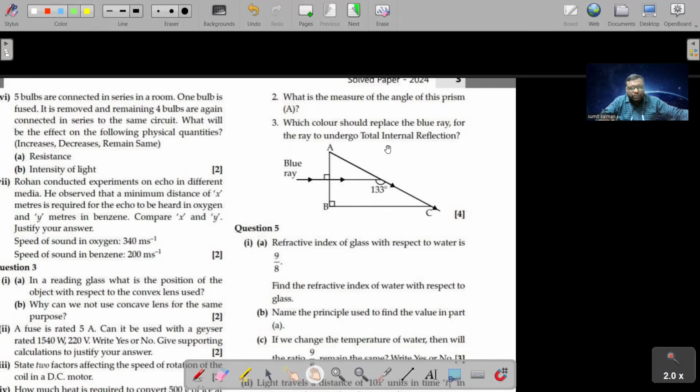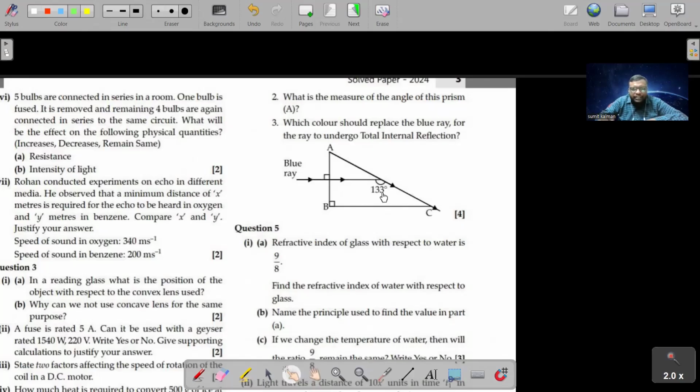So students, if you will carefully observe this prism ABC, then here the angle is given and this angle is 133 degree. Students, this angle 133 degree, this is the angle between the ray inside the prism. So you can just see this blue ray, it is going inside the prism.